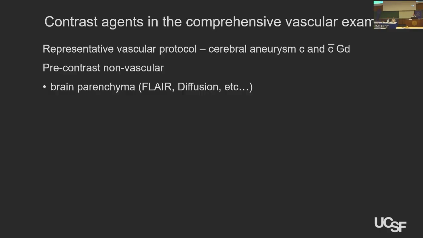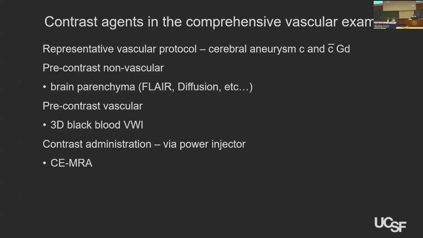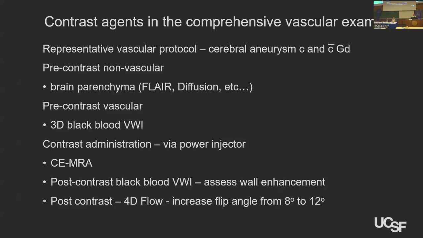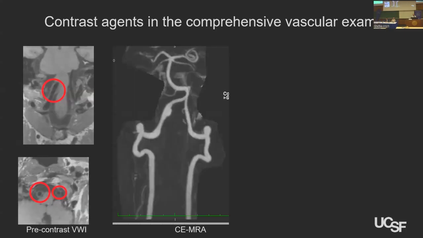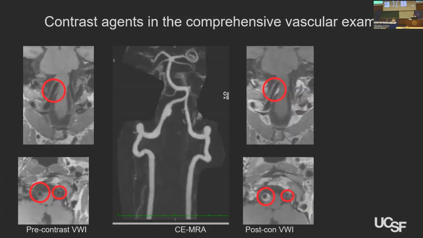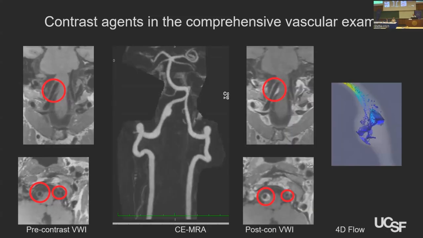So a typical exam with and without, we do pre-contrast non-vascular imaging, vessel wall imaging, do the contrast-enhanced MRA, and follow up with post-contrast vessel wall imaging for wall enhancement and 4D flow. As an example, vertebral aneurysm, pre-contrast, contrast-enhanced MRA, post-contrast enhancement, and then 4D flow to look at the flow features within that aneurysm.